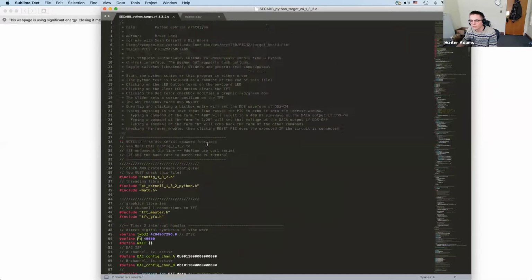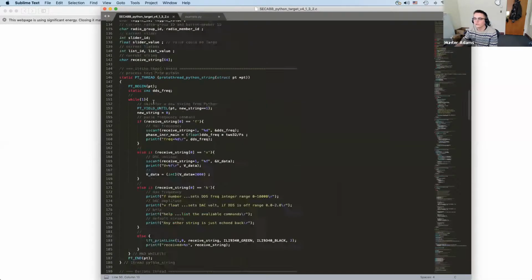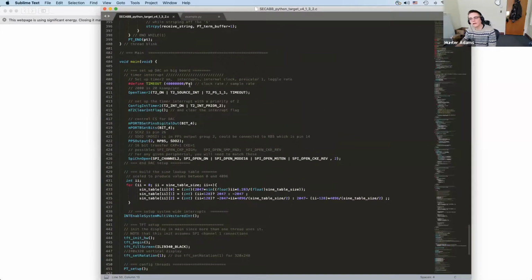That's defined up above. In the example code, FS is set to 40 kilohertz. Like I said, that's fine. It just needs to be accommodated for in the direct digital synthesis algorithm. So we're interrupting every 40 million over FS cycles. If that were 44 kilohertz, that would end up being about 909, like we already talked about.